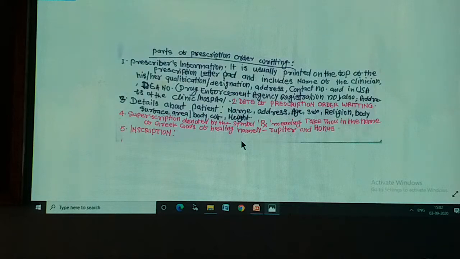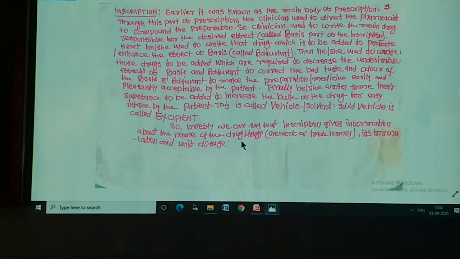The fourth point is superscription, denoted by the symbol Rx, meaning take, in the name of the Greek gods of healing, namely Jupiter and Venus. Then comes the next point, inscription. Inscription was earlier known as the main body of prescription.